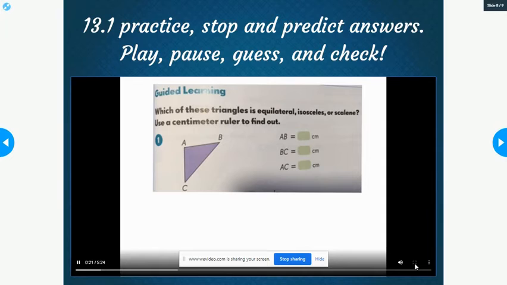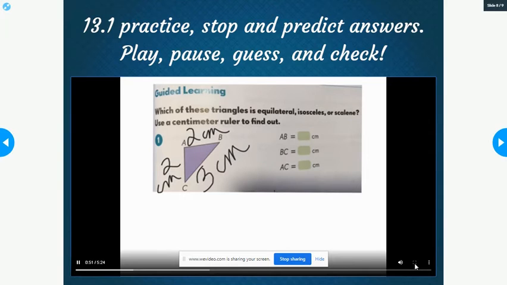So when I used my centimeter ruler to measure this side, I got a total of 3 centimeters. And when I measured AC, I got 2 cm. And when I measured AB, I got a distance of 2 cm as well.